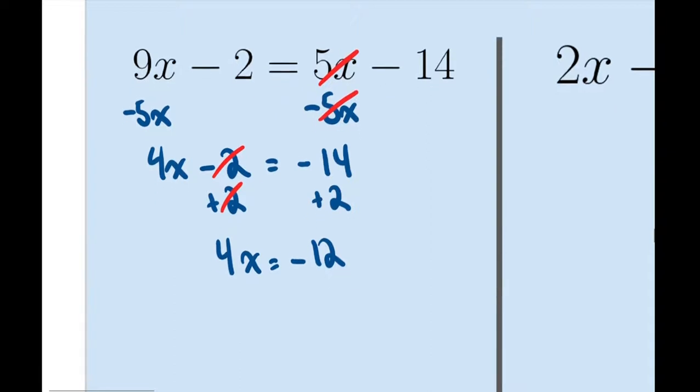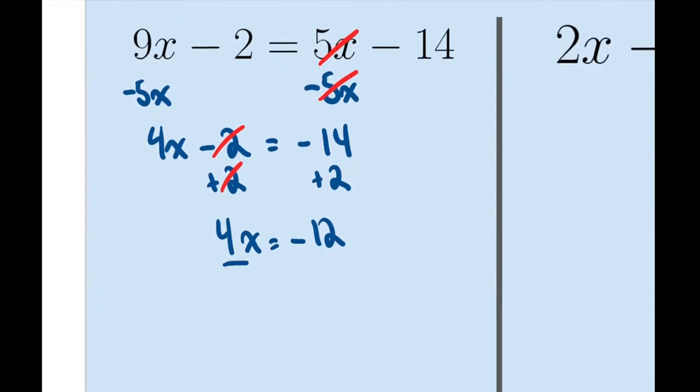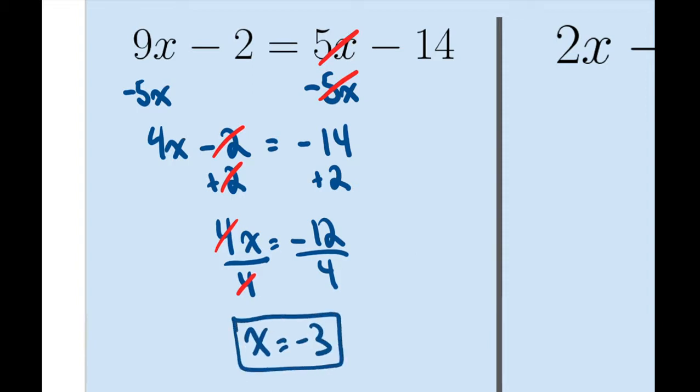Now I'm down to a one-step equation, dividing by 4, opposite of multiplying, doing the same thing to both sides. One side cancels out, x equals negative 3, which is my solution to the equation.